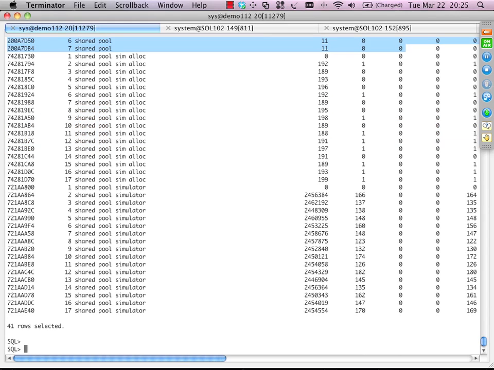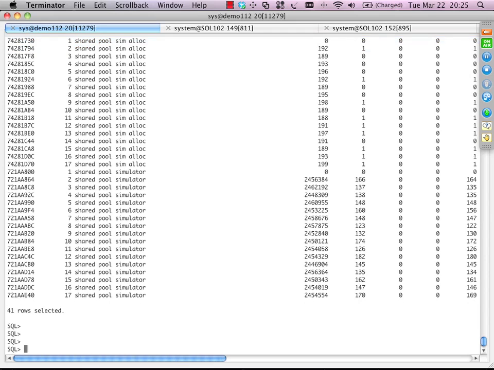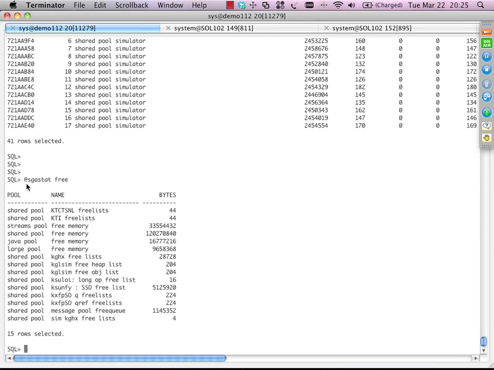And I'm not going to troubleshoot much here, but I just want to show you what this means. For example, when you query $SGA stat, right? I query only these free chunks. You see, we have that much free memory in the shared pool.